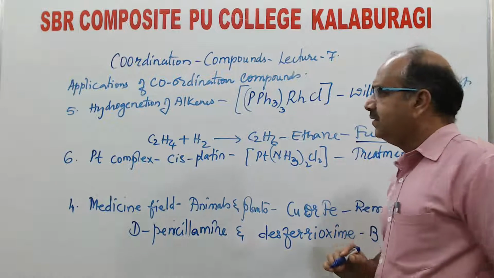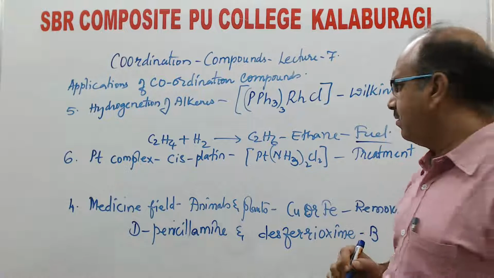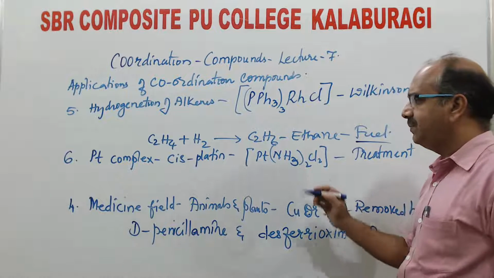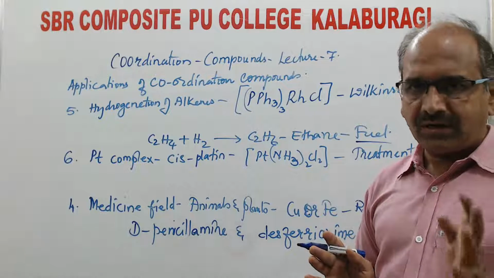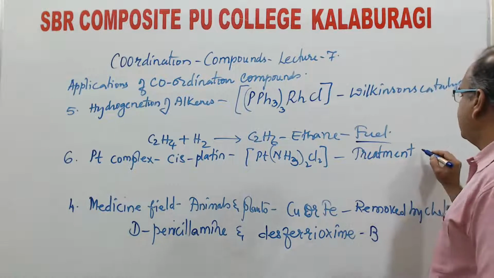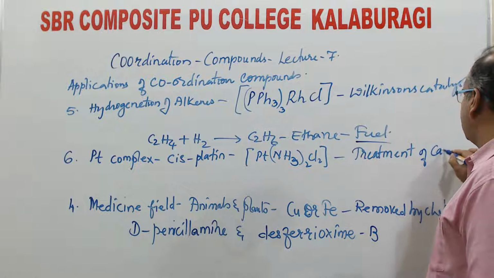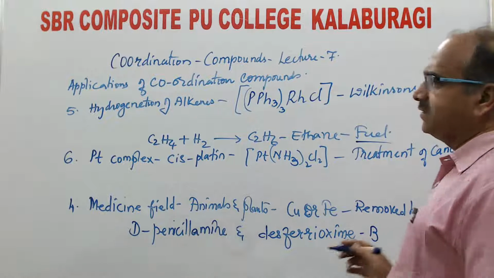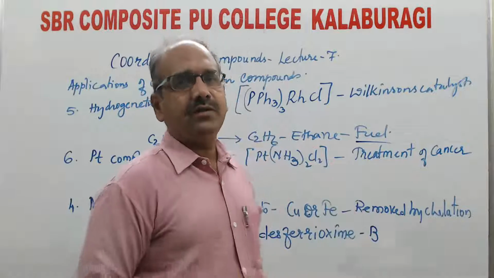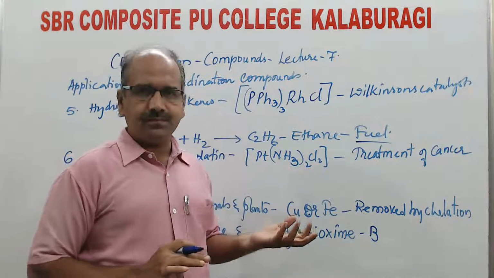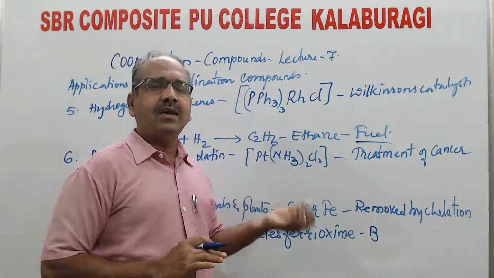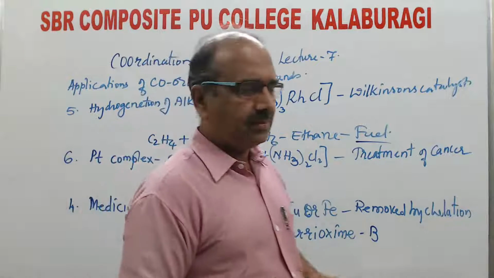Cisplatin is a coordinate complex of platinum with ammonia and chlorine in the cis form, not the trans form. It is used in the treatment of cancer. Now don't think, sir, I know now the cancer tablet, I'll give pure cisplatin. Not like that. It may be given in colloidal form or tablet form, along with some other things that may be required.